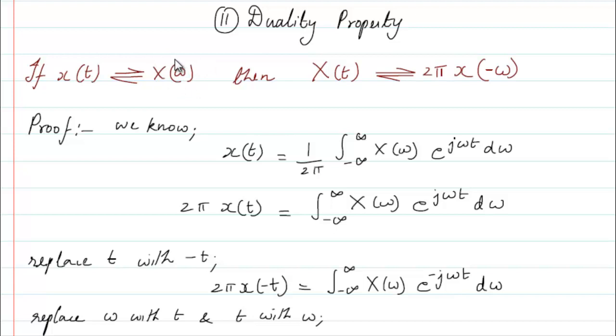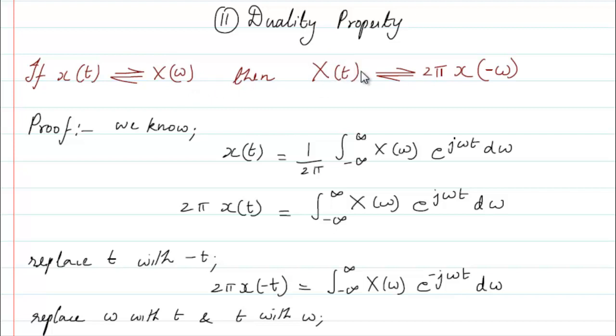So you know that we have already drawn in elementary signals, the Fourier transform of elementary signals. We have already seen that if you take the Fourier transform of one signal shape, you will get another spectrum shape. That spectrum shape is represented by capital X, and this shape is represented by small x. Now what in duality property we do is, we are trying to take this shape. So that is why capital X of t.